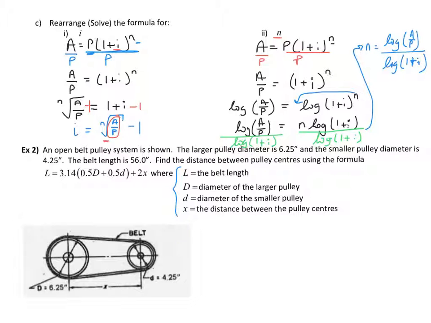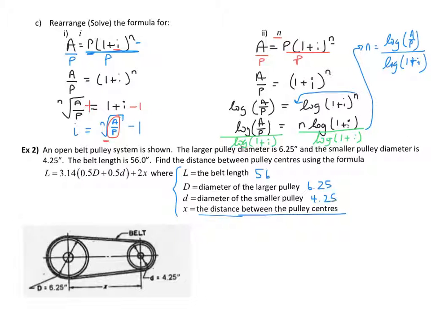Okay, we want to find the distance between the pulley centers, which is this variable x here. We're trying to solve for x. That means we should know everything else here. So our L, the belt length, is 56 inches. The diameter of the larger pulley is 6.25 inches, and the diameter of the smaller one is 4.25.